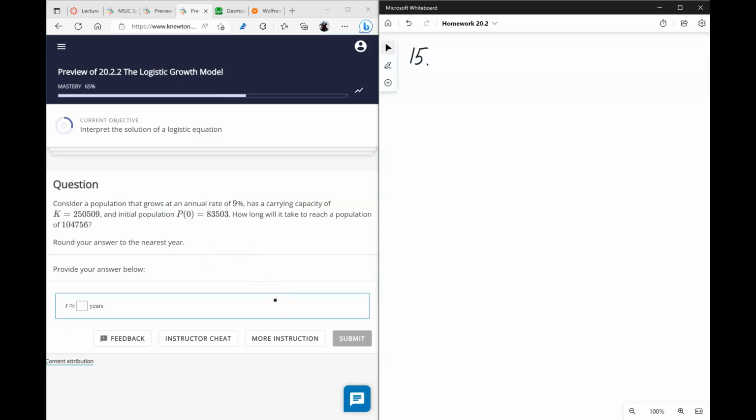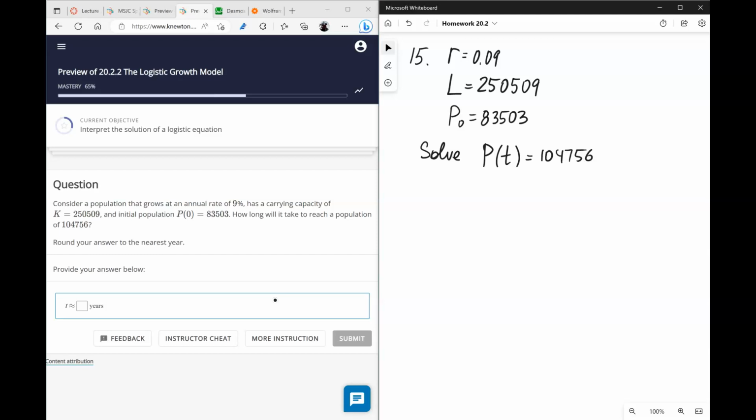In this problem, we are given the rate, the carrying capacity, the initial population, and the question says we need to solve P of t being equal to this much. We have to solve it for t.